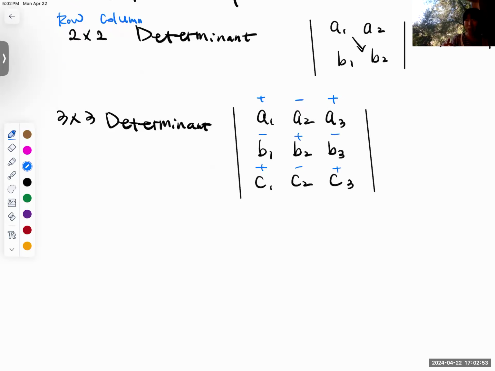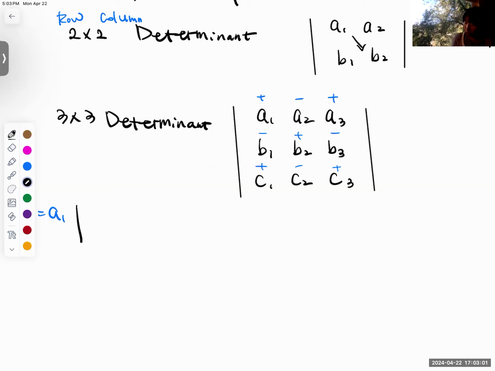So we take out the a sub 1. That's a positive, right? Then we cross out, so we will get b sub 2, b sub 3, c sub 2, c sub 3. And secondly, minus a sub 2. So we take out the first row, second column, then we cross out that.